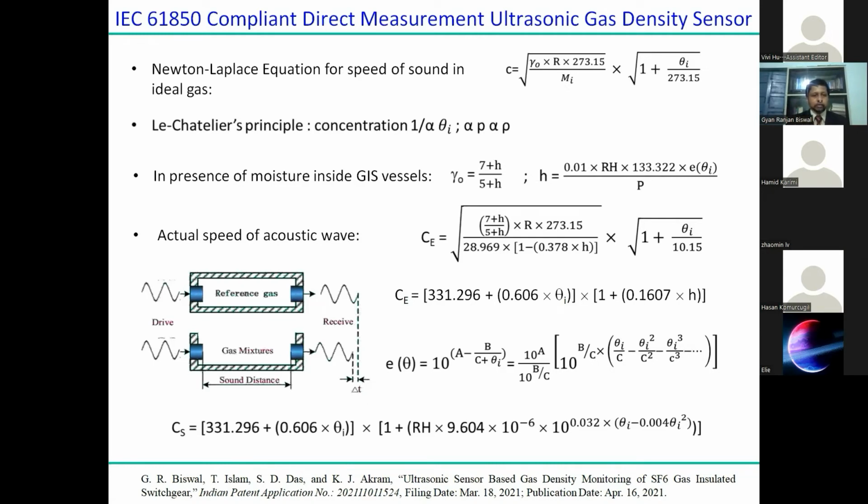Time of flight is the amount of time required for the ultrasonic wave to travel from the transmission end to the receiver end and come back. So this is the total time taken to get your response, just like in the Doppler effect. Obviously, if the density is reducing, the time of flight is less. If the density is more, the time of flight is more.